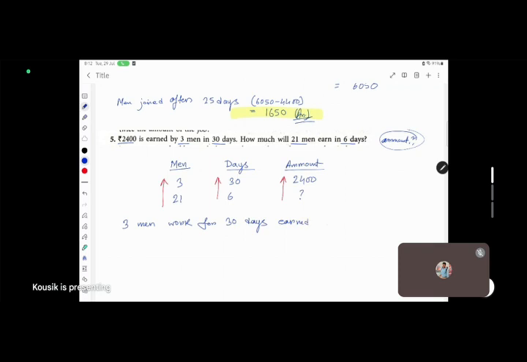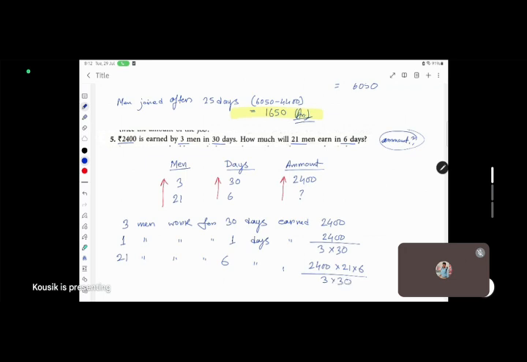Okay, so one man, 1 day. Since the arrows are on the same side, what we do is divide, both are divided. In the case of 1, both are dividing. Okay, both are divided. In the next case, 21 men work for 6 days, we multiply both.